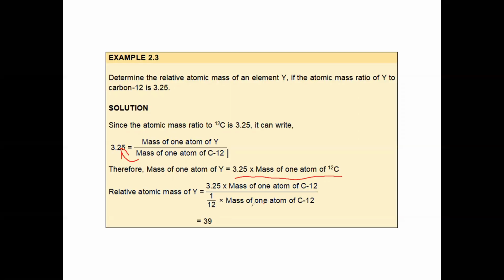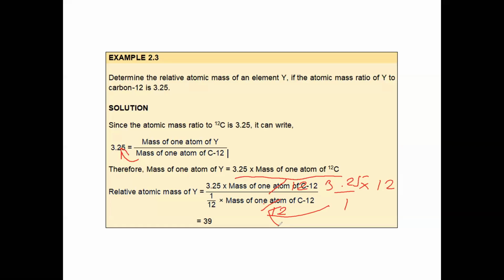So, as we know, mass of carbon is 12. The mass of one atom of carbon-12 is also 12. So 1/12 times 12, we will get 1. Then here, 3.25 times 12 divided by 1, then we will get 39.